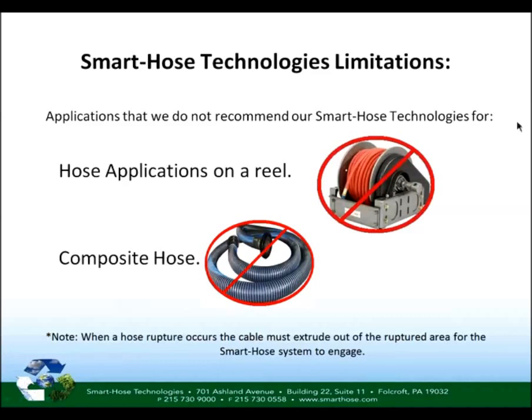Like every piece of technology, we do have our limitations. Our technology does not work on hoses on a reel. So if you have any sort of bobtail truck applications, we do a no quote on those. Another limitation is composite hoses. Composite hoses just are too pliable, too flexible.